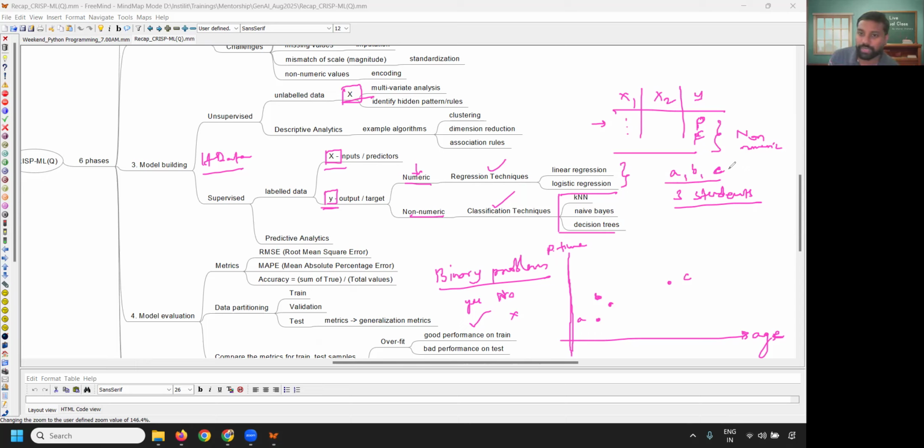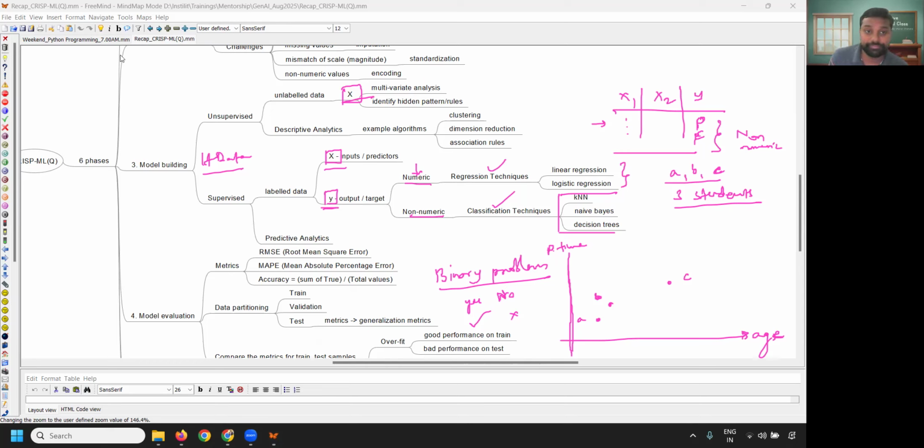Is A similar to B, or B similar to C, or A similar to C? What do you think? Who is similar to whom?